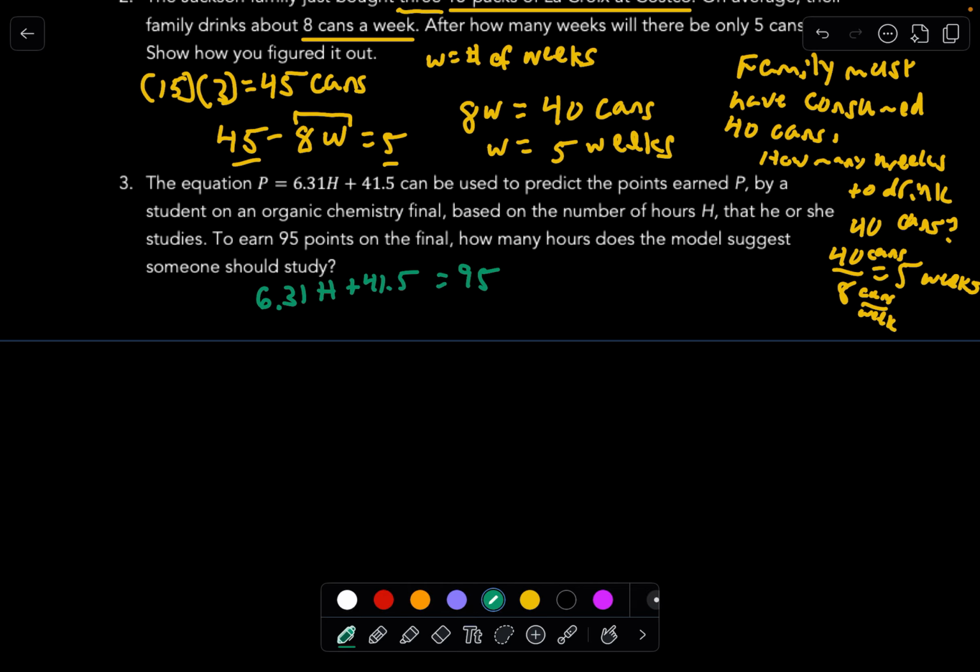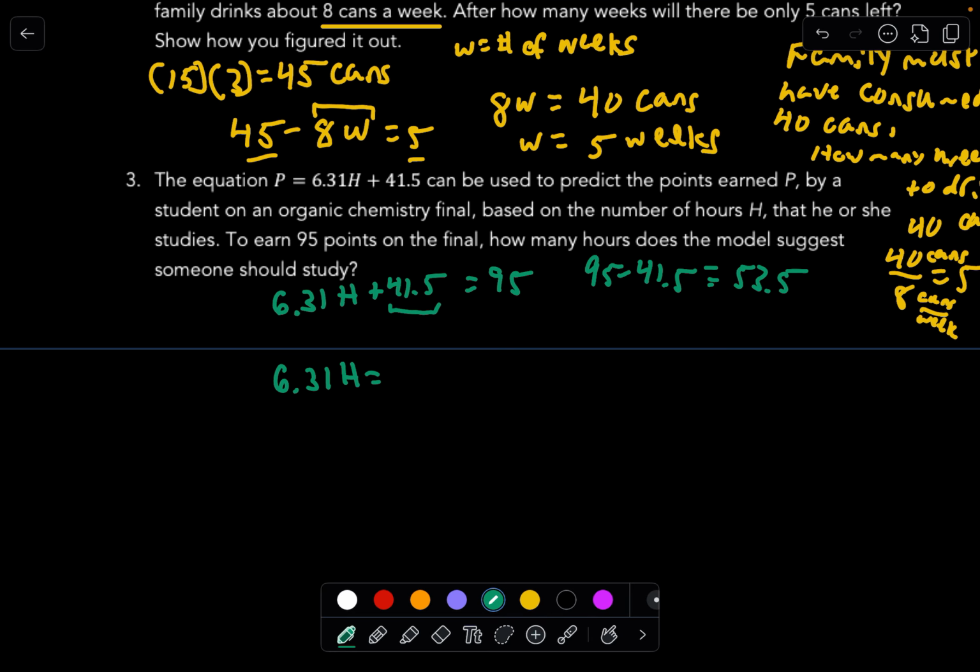First things first, we started with this base value of 41.5. So let's figure out how many more points he needs to earn. 6.31H must equal 95 minus 41.5, and that works out to be 53.5.